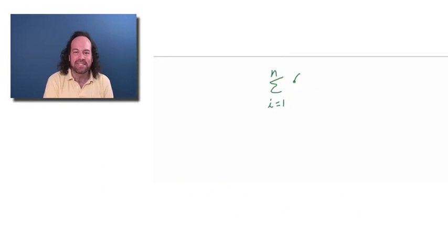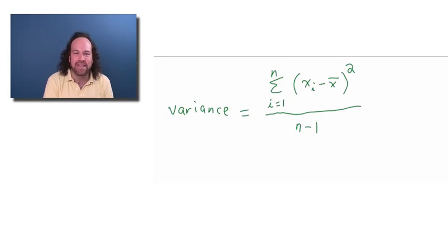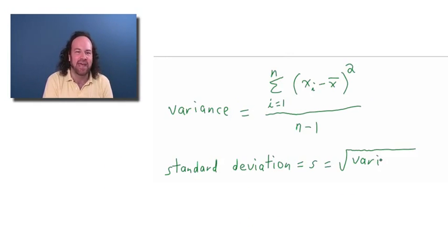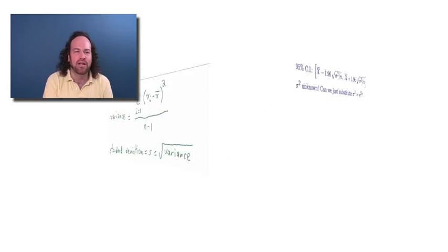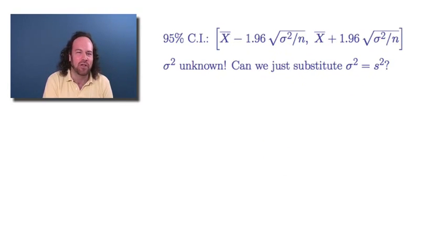Well, let's start by remembering that formula that we had a while back for the sample variance and the sample standard deviation, s, which allowed us to try to estimate the variance and the standard deviation from a sample. Maybe that will help us here. So here we have a confidence interval but in terms of this unknown sigma squared.